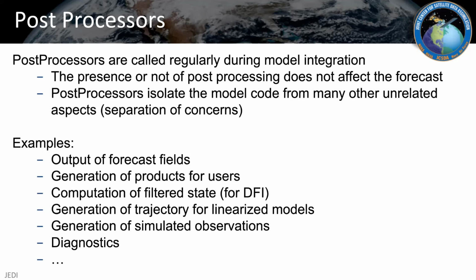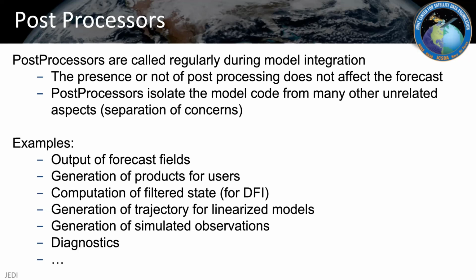So some examples of post-processing, as I said: output of forecast fields, generation of products, computation of filtered states, that's for digital filter initialization, trajectory for linearized models, simulated observations, that's what we use a lot. That's the most important point for data assimilation, the simulation of observations.